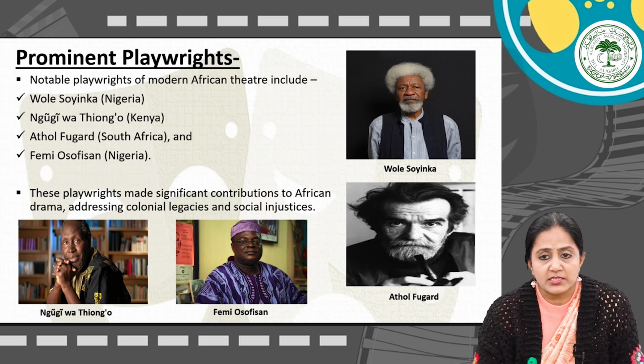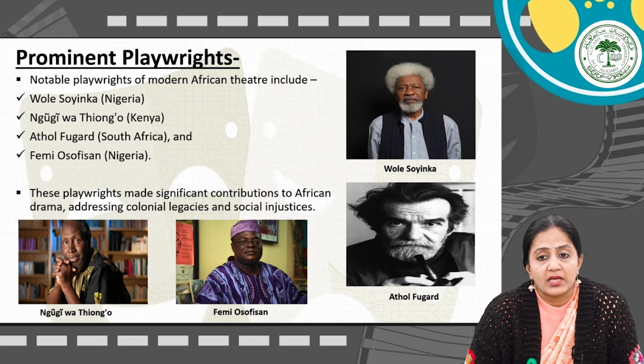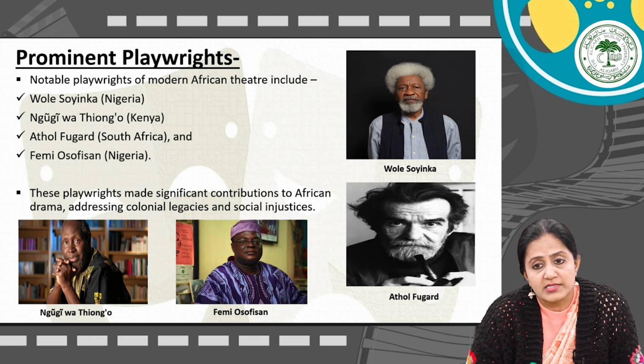Then another playwright, Femi Osofisan, who belongs to Nigeria, is a poet as well, an essayist, and he is known for his critical engagement with Nigerian and African socio-political issues. His works often incorporate elements of Yoruba folklore.